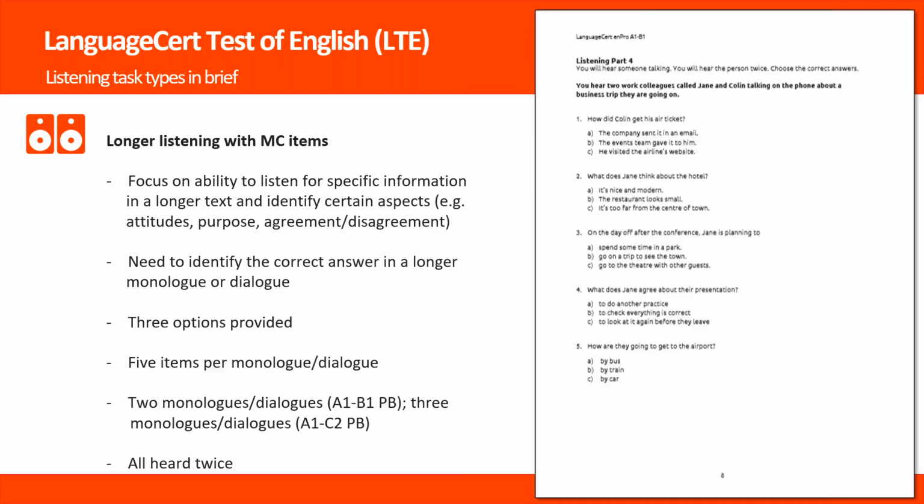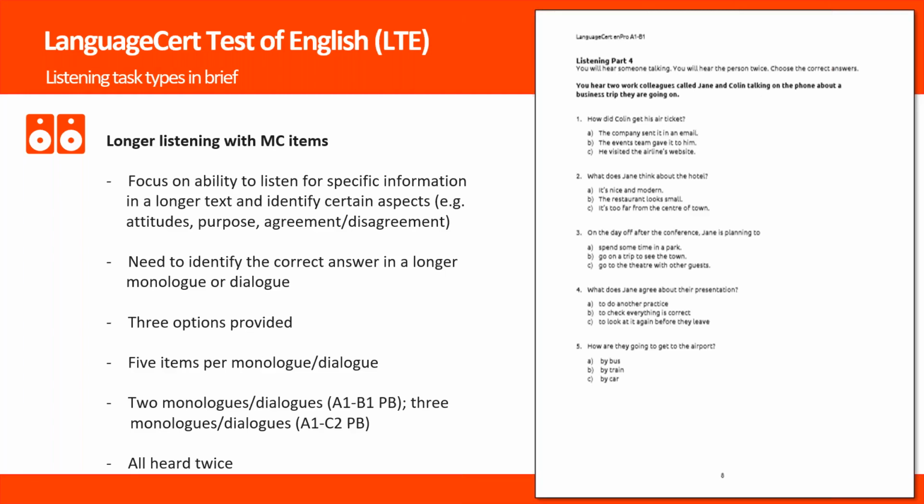The last part of the listening test asks candidates to hear someone talking and identify the correct answers to the question set. The focus is on the candidate's ability to listen for specific information in a longer text and identify certain aspects such as attitudes, purpose, any agreement or disagreement.